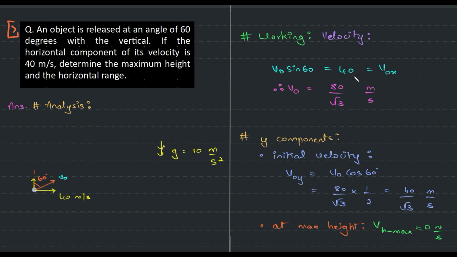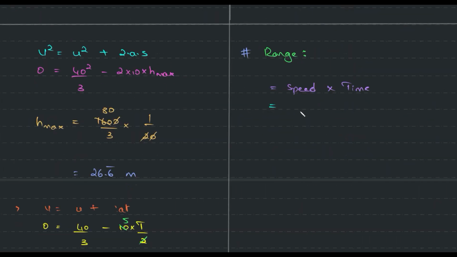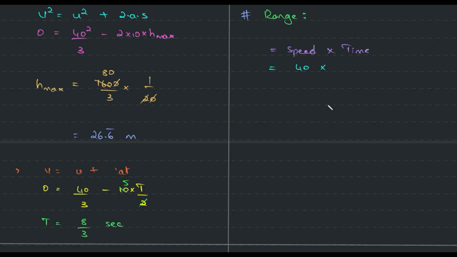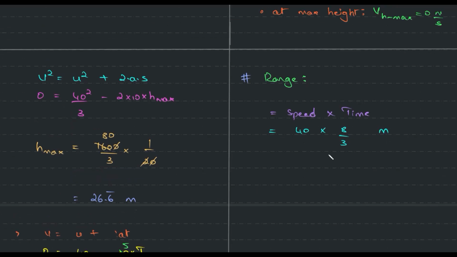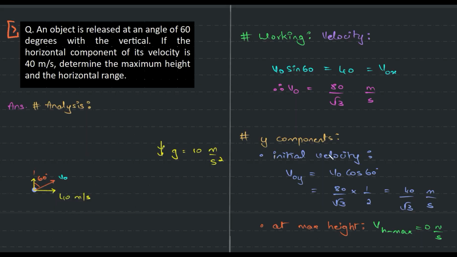Is this? No, that's not your speed. It's 40. 40 into time is 8 by 3. Whatever this result is, so many meters. That's it. Okay. Right. So it's not that difficult. It's the same funda again, just that we need to figure out v naught first and everything follows the same.